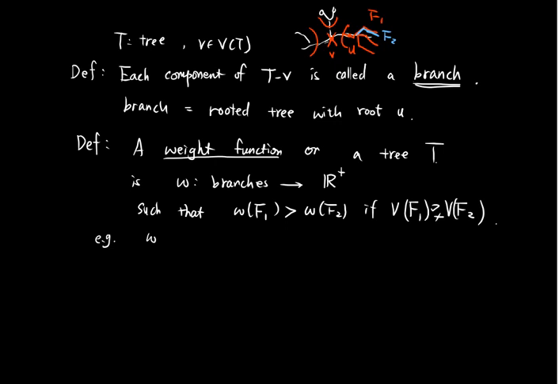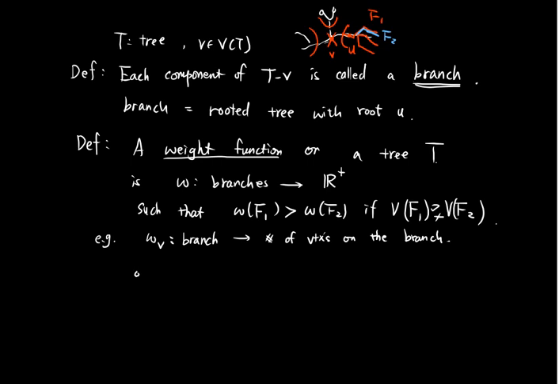The first one, we consider the weight, WV, okay, and it will send each branch to the number of vertices on the branch. Okay, what does that mean?